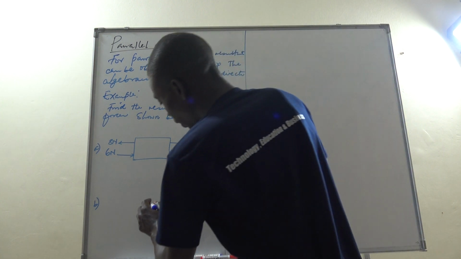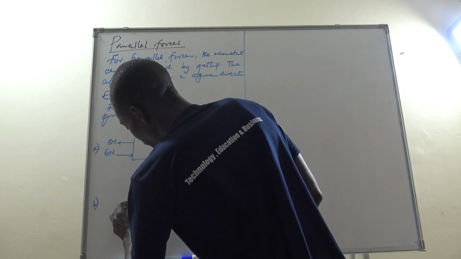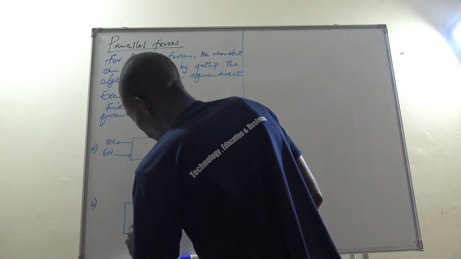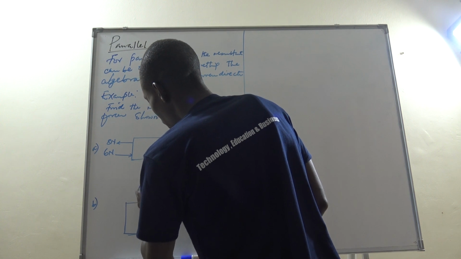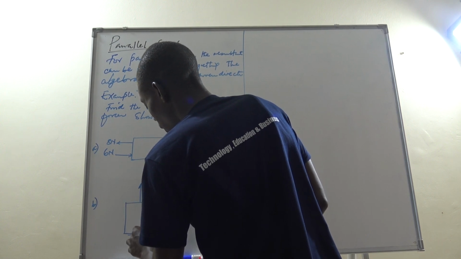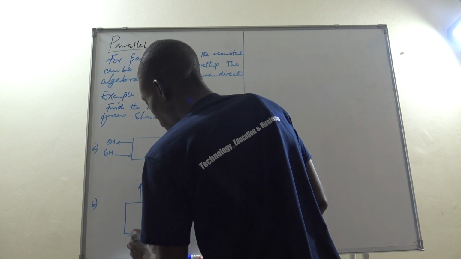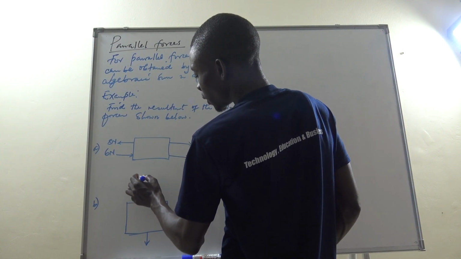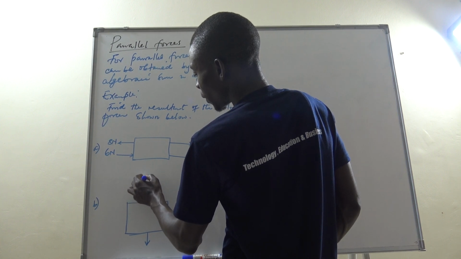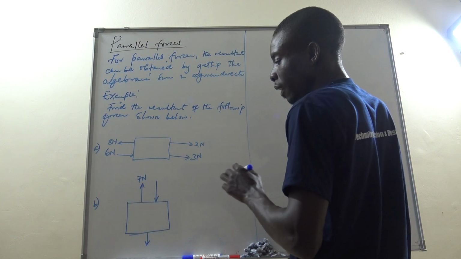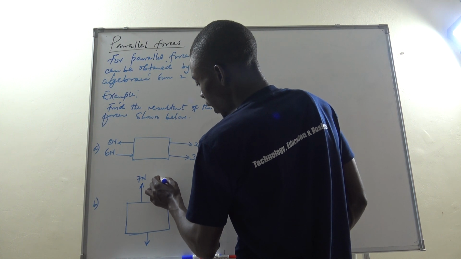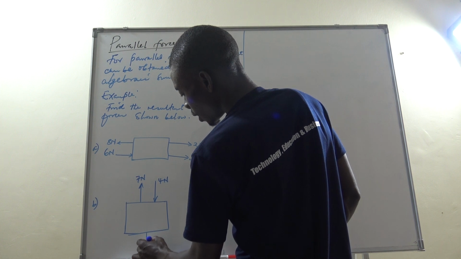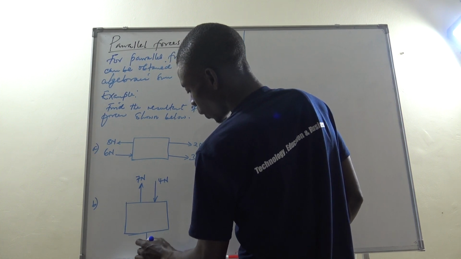You can just look at something very interesting here. If I have this pulling that, and then you have this one as 7 newtons, and then this one as 4 newtons, and this one is 1 newton.